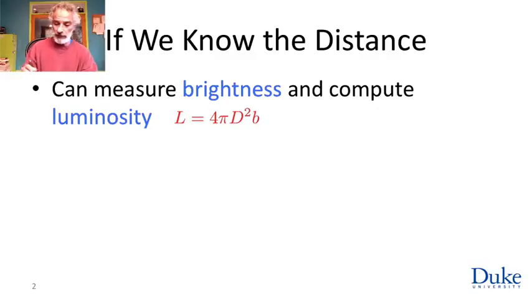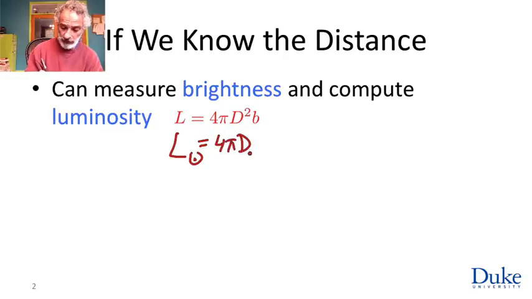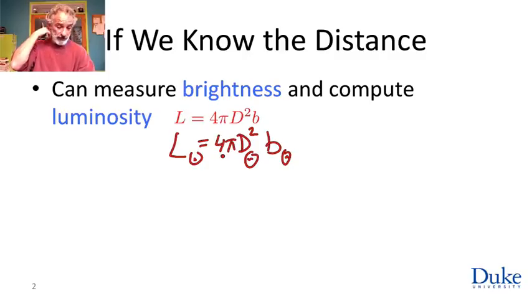This is one form to write the equation. A more convenient form in which to write it is to scale it to something known. In other words, this same equation holds for any star. In particular, it holds for the sun. And the advantage of writing it in this way is that if I divide the left-hand sides and set that equal to the ratio of the right-hand sides, first of all, the 4 pi's and whatever constants are sitting around cancel, but more usefully, I now get a product of dimensionless quantities.